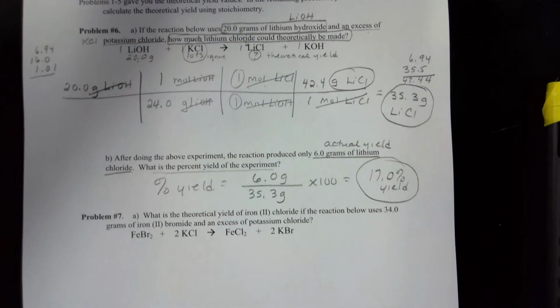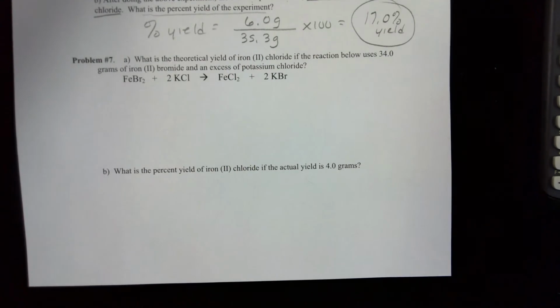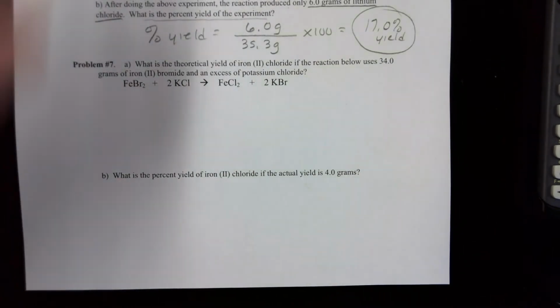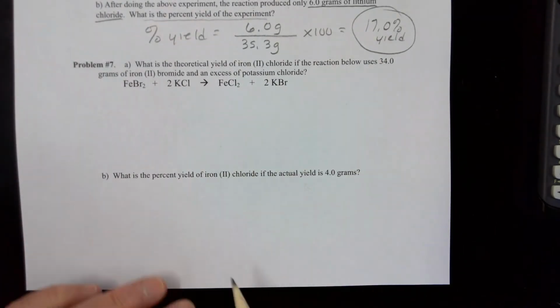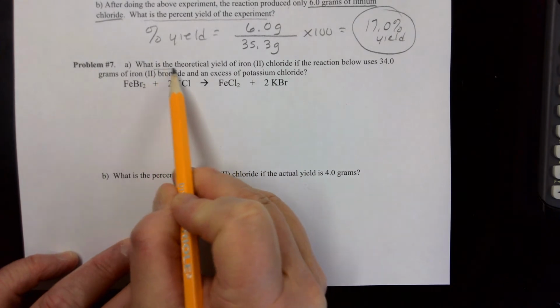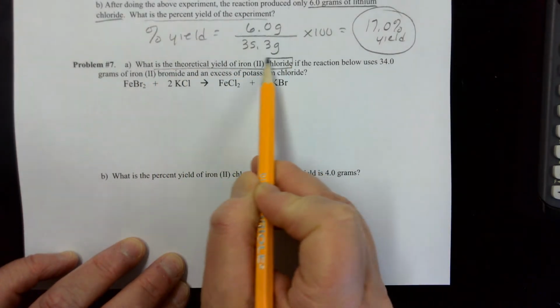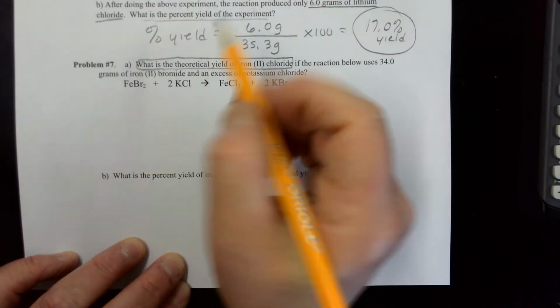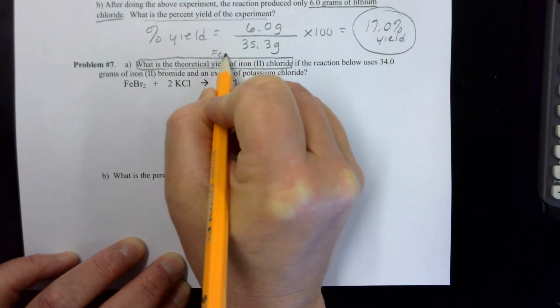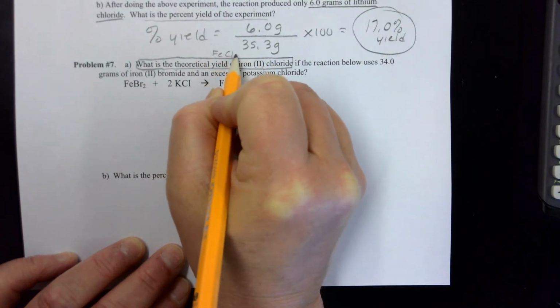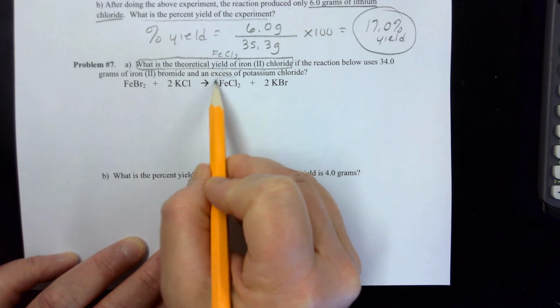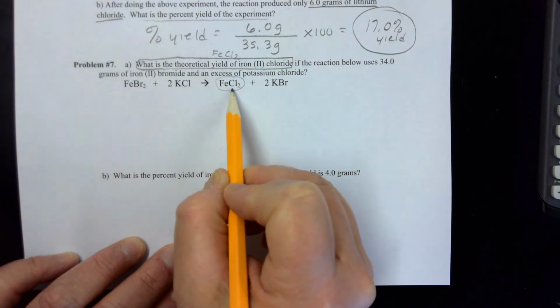All right, let's try one more problem together, and then you can try a problem set. In this problem, they are asking what is the theoretical yield of iron 3 chloride. Right, so iron 3 chloride is FeCl2. That's this stuff. We're trying to find the theoretical yield of this.